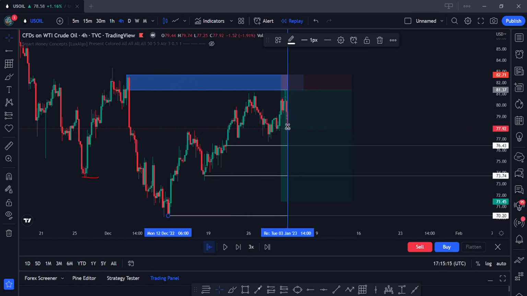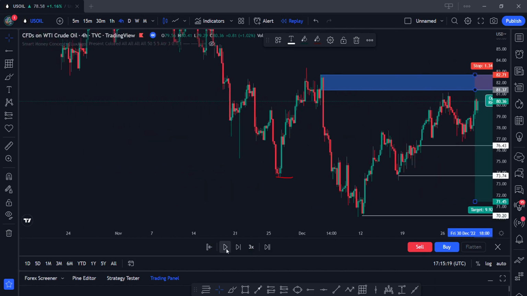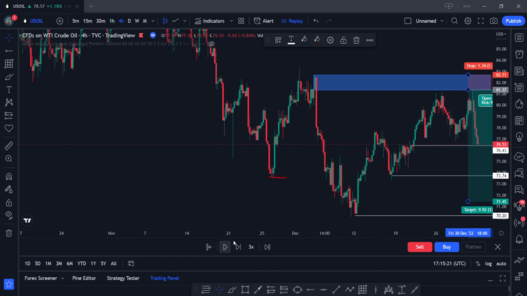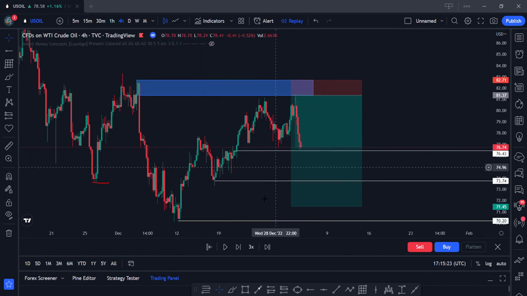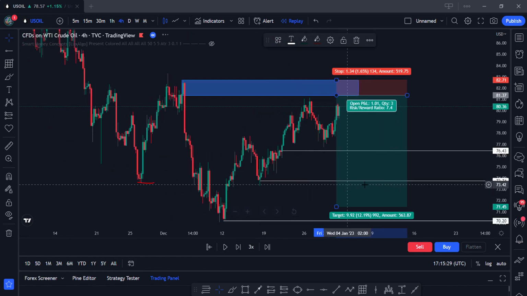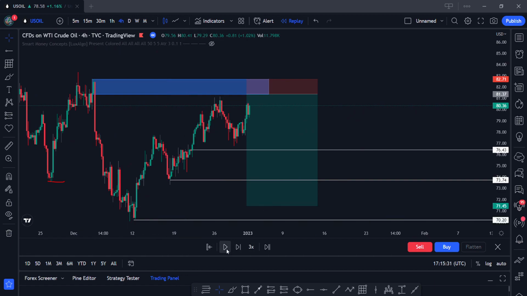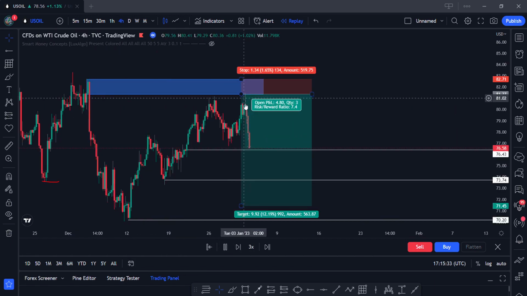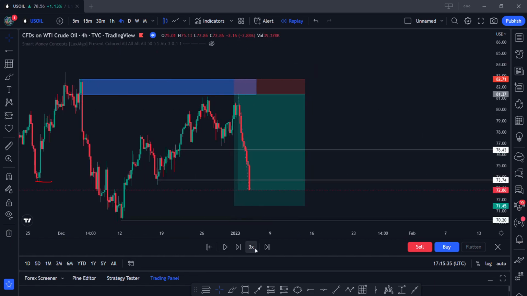So let's see how price hits our area of interest. Now let's see how price plays out. Cool, so price hit our area of interest. Just going fast.